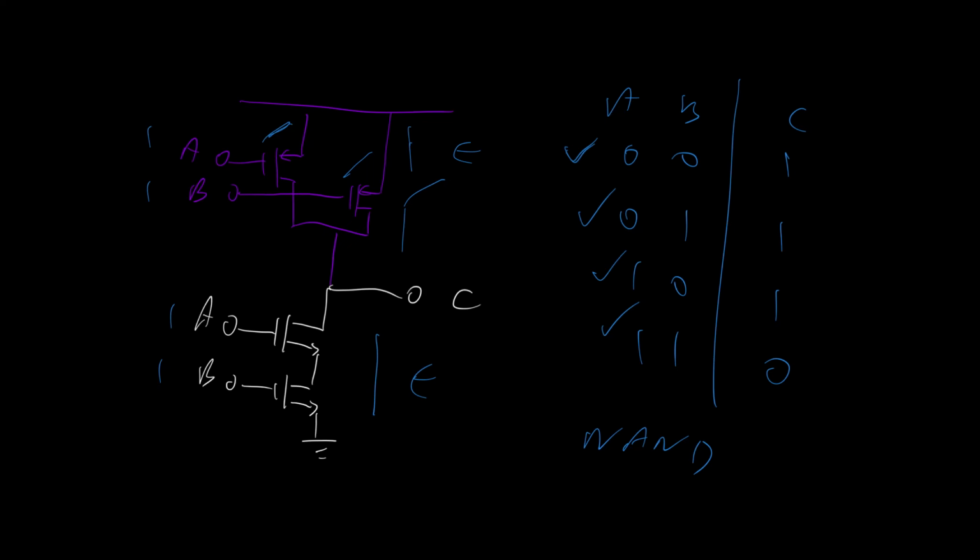At least one person is going to ask, well, this sounds good, but what happens when we change our inputs from all 0 to all 1? So in other words, what happens when the top switch goes from being open to closed and the bottom switch goes from being closed to open? Won't we have a period of time when we have a short circuit?